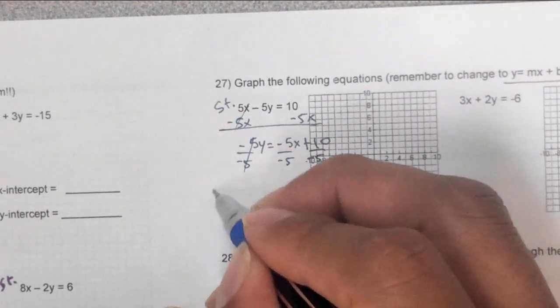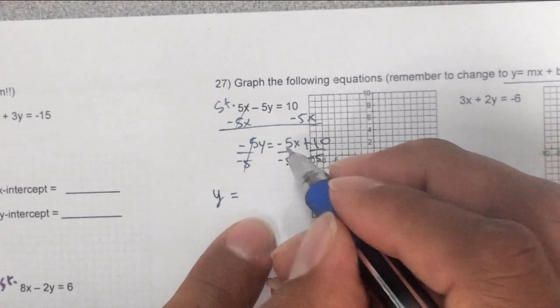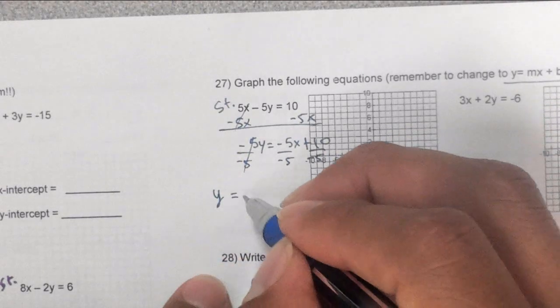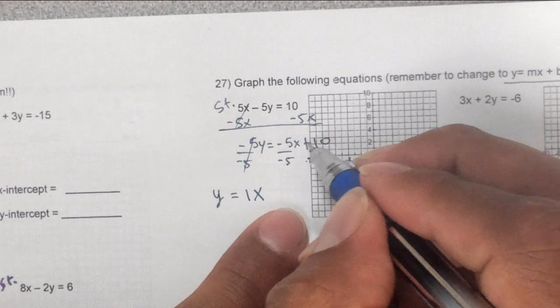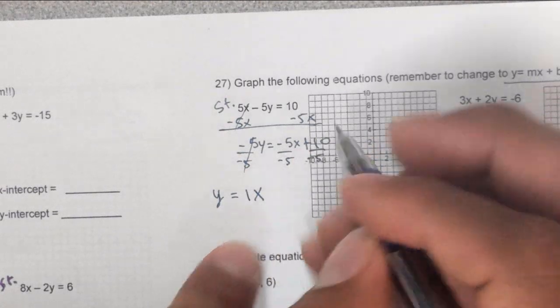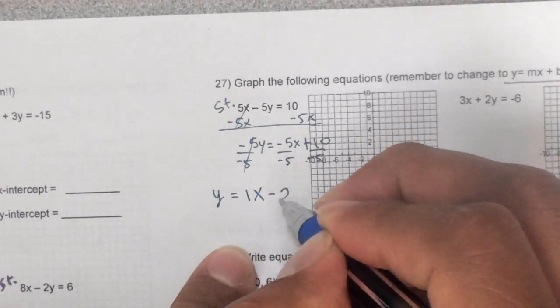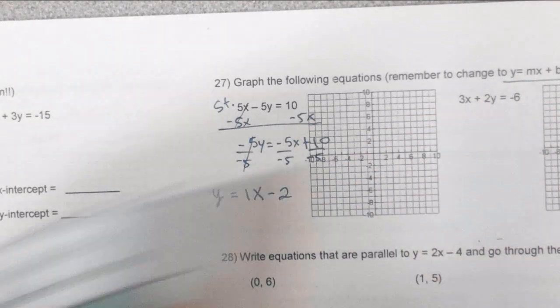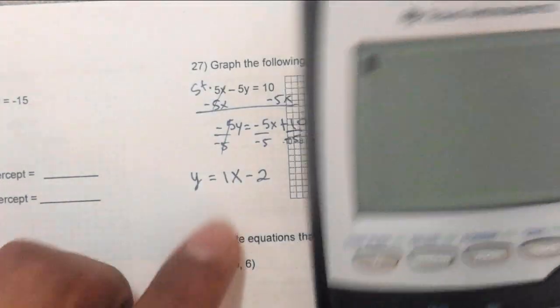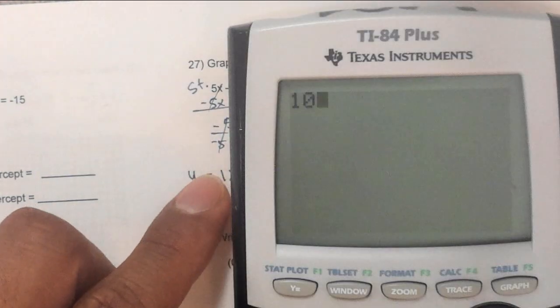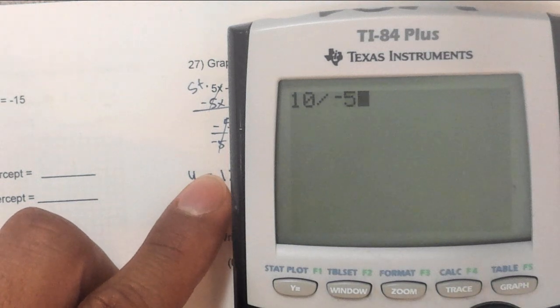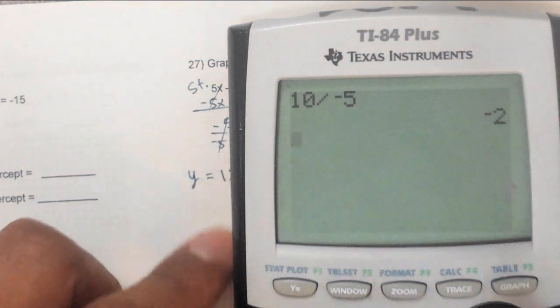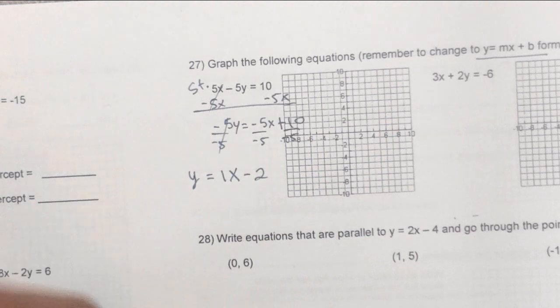That's a 1, so y equals negative 1, x is 1x, and positive divided by negative is negative, so 10 divided by negative 5 is negative 2. Remember that if you don't know your math facts, you have to use the calculator, and you do it this way. 10 divided by negative 5 is negative 2, so you put minus 2.